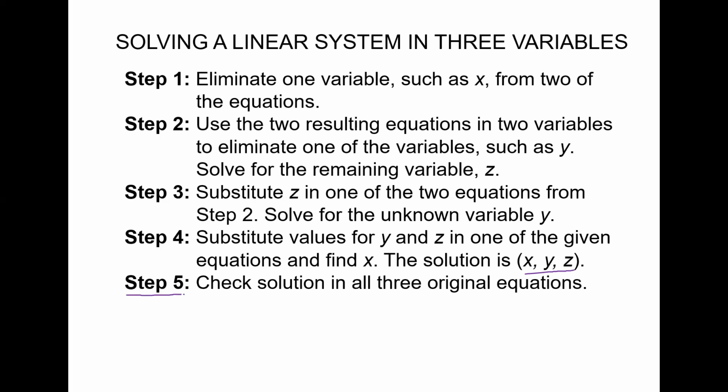They left this out, but this is really a key step. In the book, it doesn't always show this. That's really the one to make sure you have the right solution, because you can work your way down and get a wrong solution. You plug a variable into one of the equations wrong, and you get the wrong variable, which then causes another one to be wrong. And so that always is a key step, step 5.